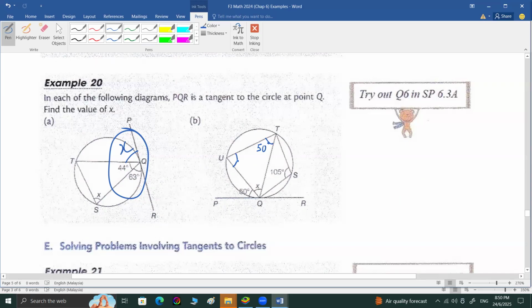Cyclic quadrilateral. Yeah, cyclic quadrilateral, remember? So here 107, you get 75, right? Okay, now in a triangle, 180 minus these two, you get 55, yes. Okay, can you see? Now your turn. You try question 6.